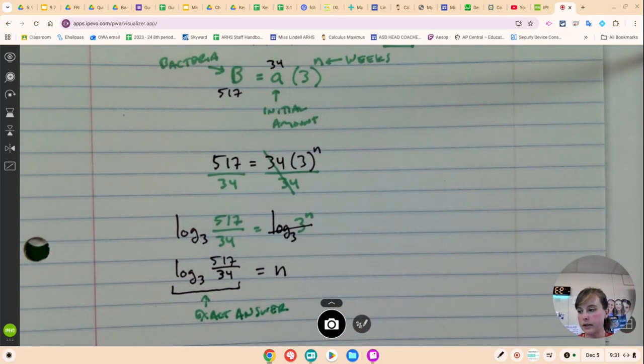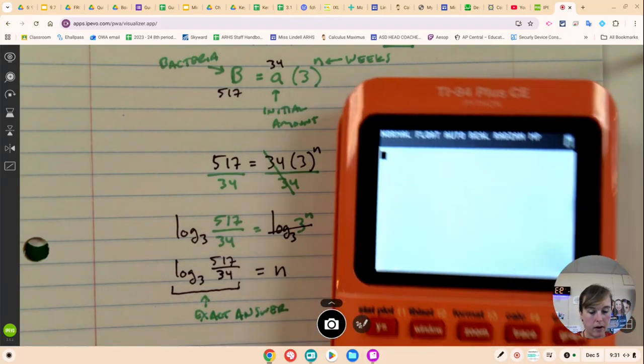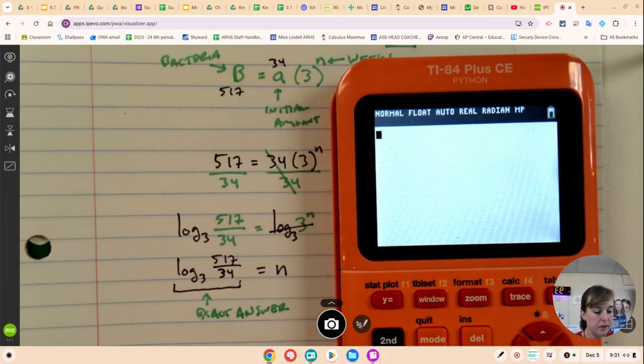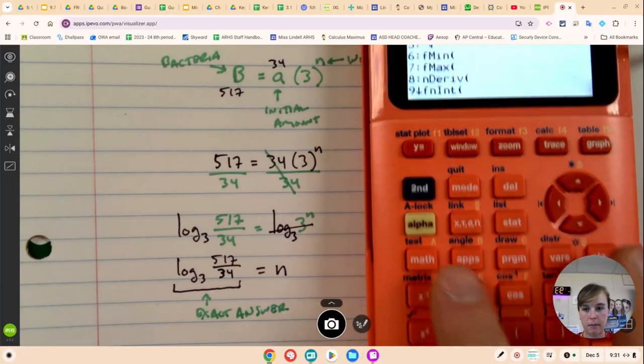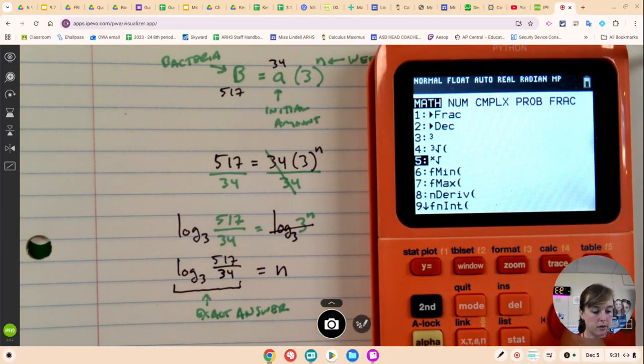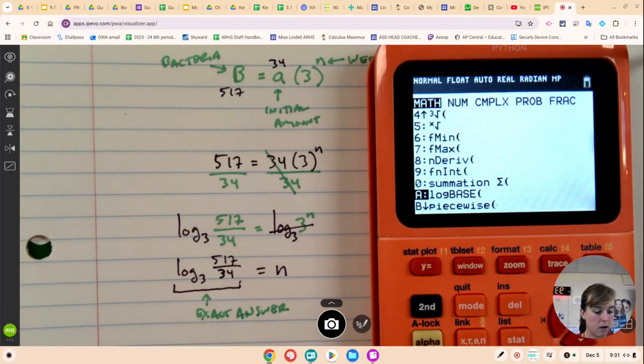Or you could type it into your calculator. If you have a graphing calculator like this one, you can go to Math, that button there, and then scroll down until you see something that says log base.